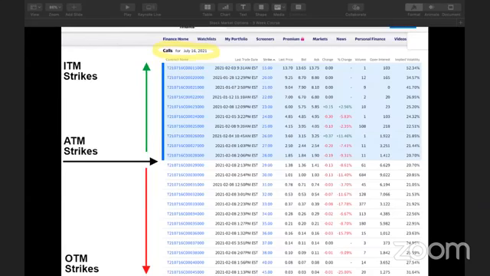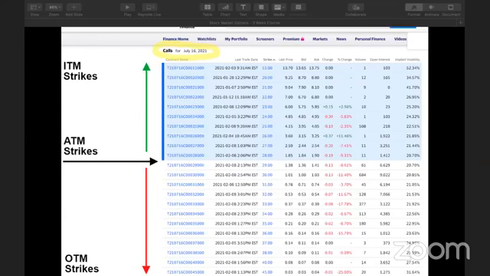ATM means at the money. All at the money is the strike price that's closest to the stock price, or market price today. In this example, we're looking at AT&T being 28.50. So the at the money strikes would be either the 28 or the 29. Those are at the money strikes, the strikes closest to the stock price.